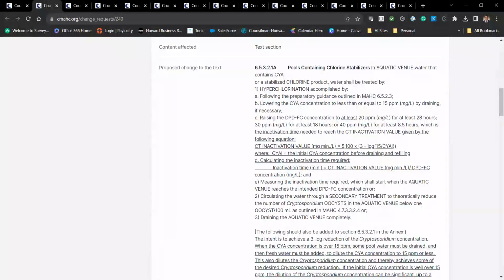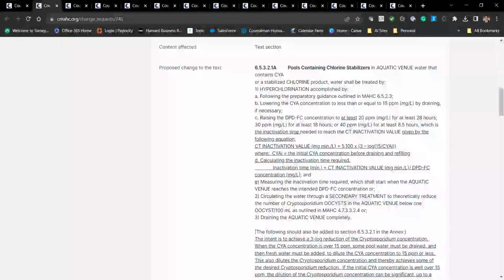So then this is correcting the errors in the diarrhea response remediation procedure. The current response to a diarrhea incident does not account for the reduction in crypto concentration due to the required water replacement, leading to longer than necessary treatment time.